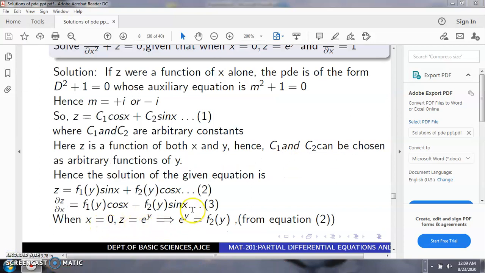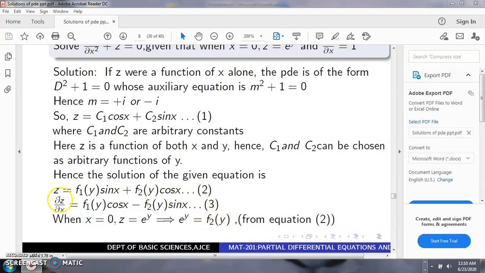When we apply that condition in equation 2, we put x equal to 0. So sin 0 is 0, plus f2(y) into cos 0, and cos 0 is 1. So you get e^y is equal to f2(y).